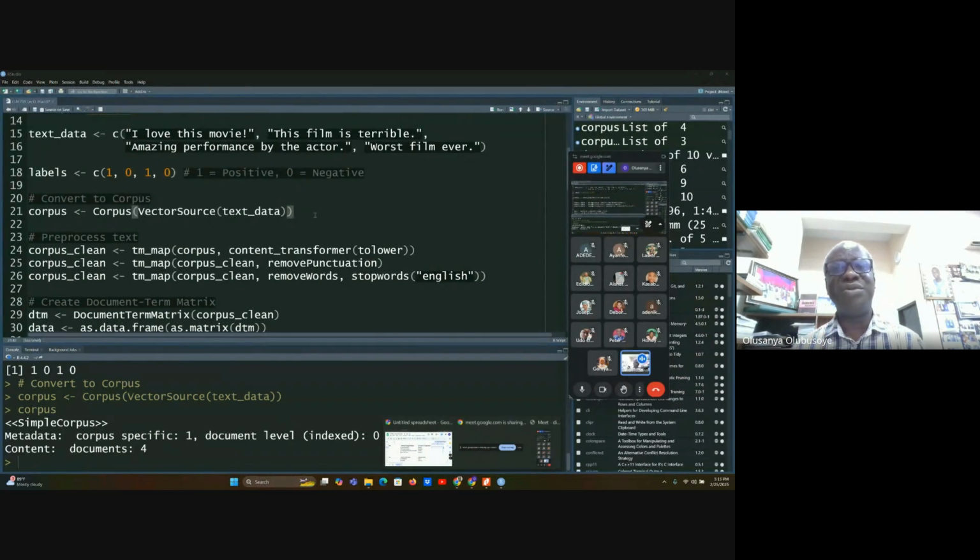Because when you are dealing with different languages, not only English, if you are dealing with Yoruba, for instance, there are words that will connote different sentiments.